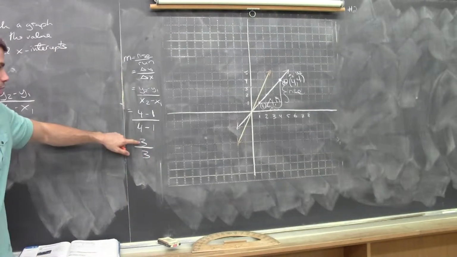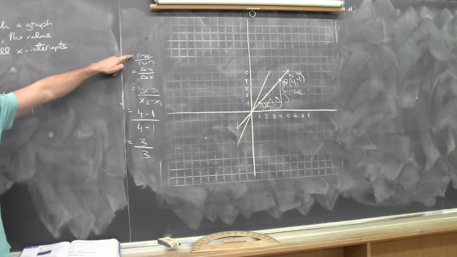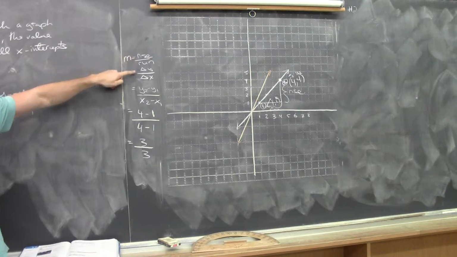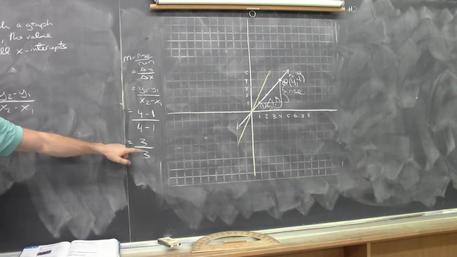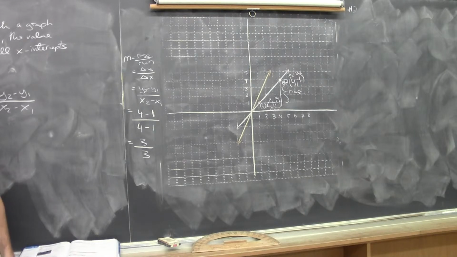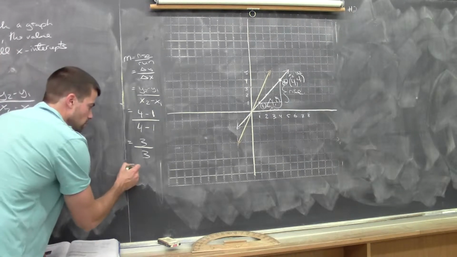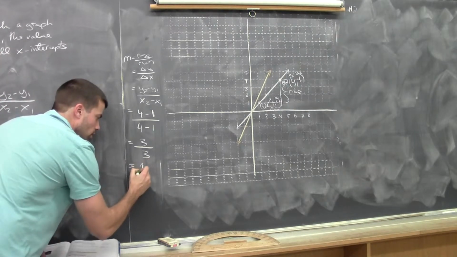So like I said at the beginning, you could have said, well, I know my rise is 3 just by looking at the graph. And I know my run is also 3. So my rise over run is 3 over 3, which is 1.